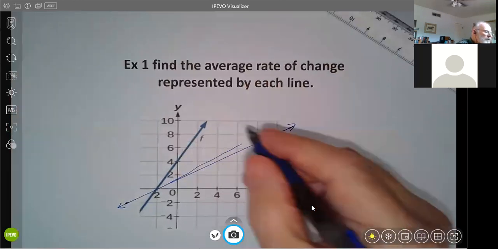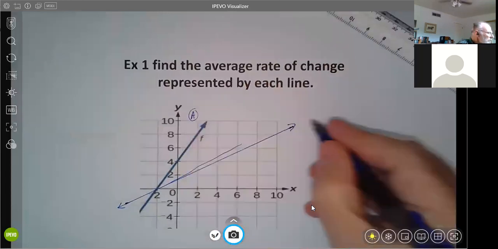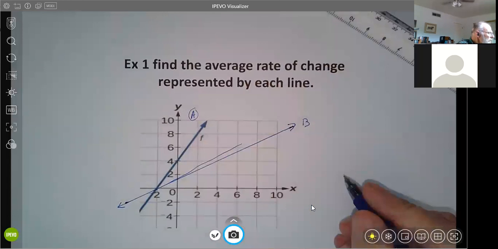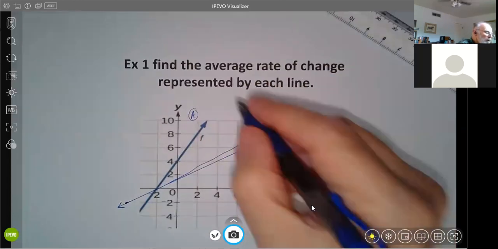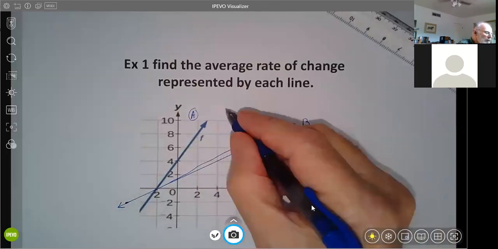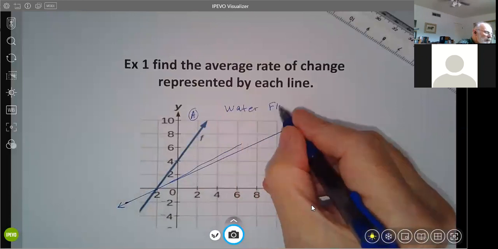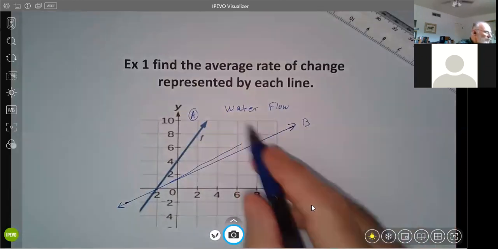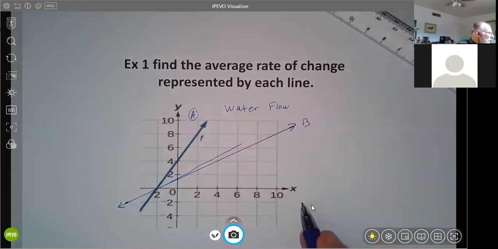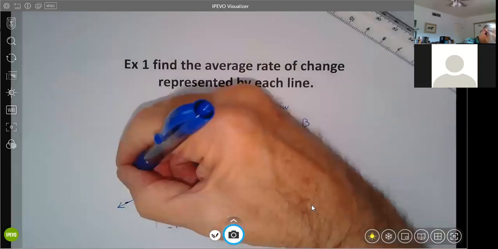we're going to call this line A, and we're going to call this line B. And we're going to call the x values water flow, and we're going to call the y coordinates minutes.